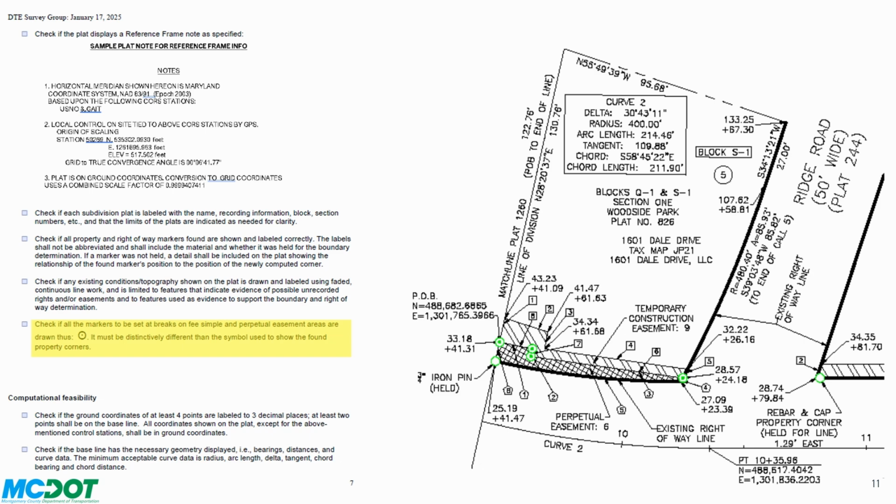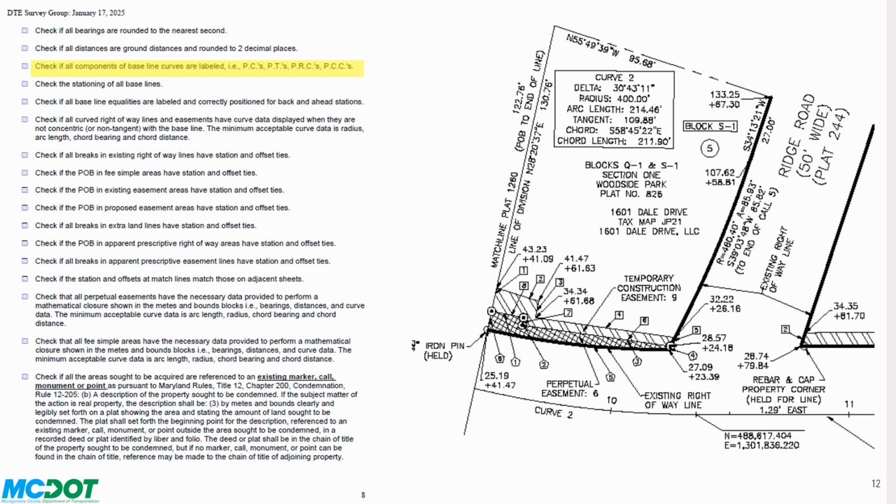Coordinates are to be labeled to 3 decimal places. At least 4 points are to be labeled, and at least 2 of these need to be baseline coordinates. All components of baseline curves are to be labeled with their station and component type. All proposed easement POBs must be labeled with station and offset ties to the baseline.